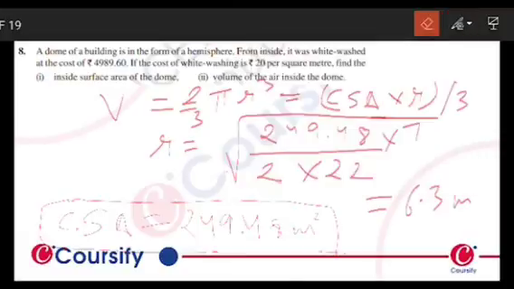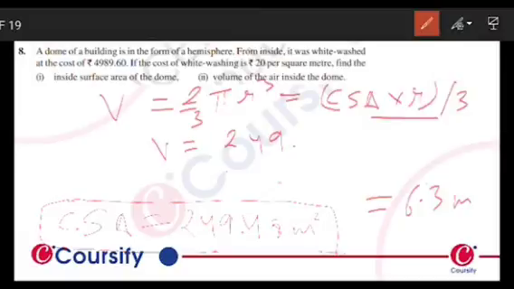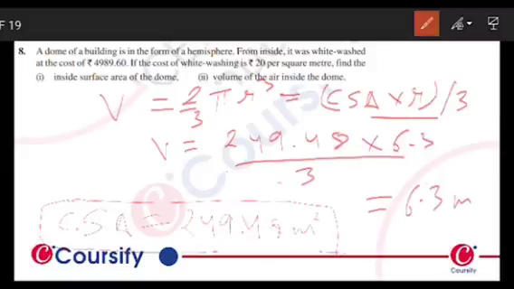So our volume V is equal to CSA, that is 249.48, multiplied by 6.3 divided by 3. So our final volume will become 523.908 meter cube. This much amount of air is present inside the dome.